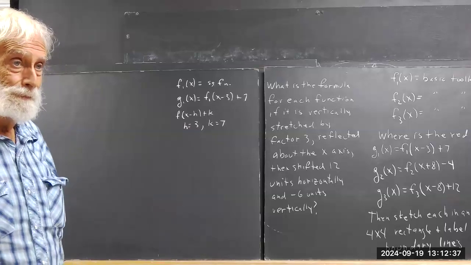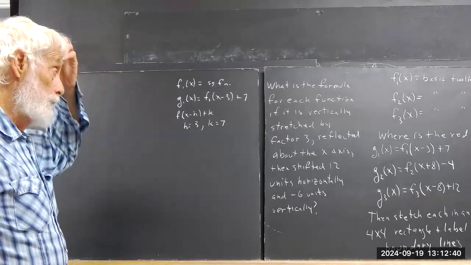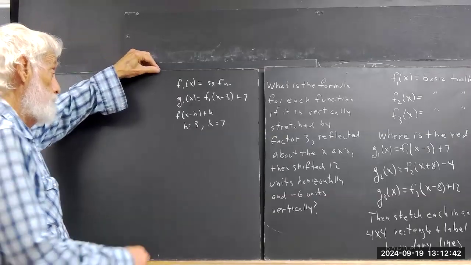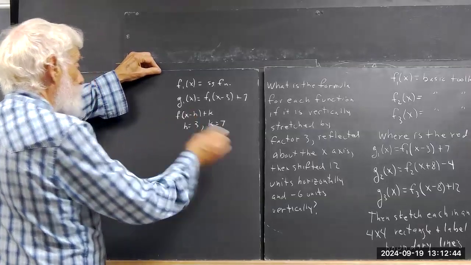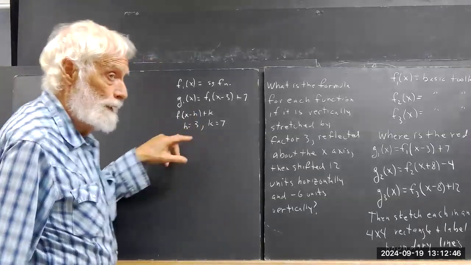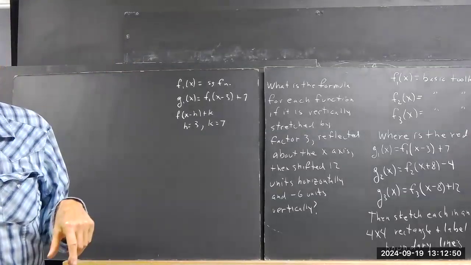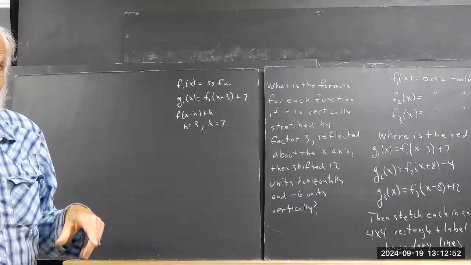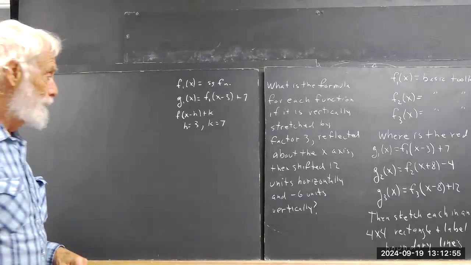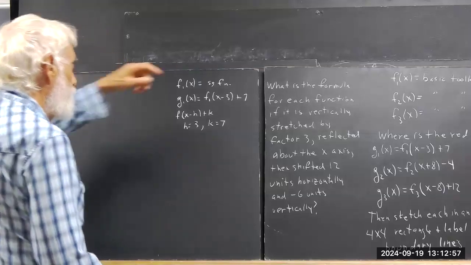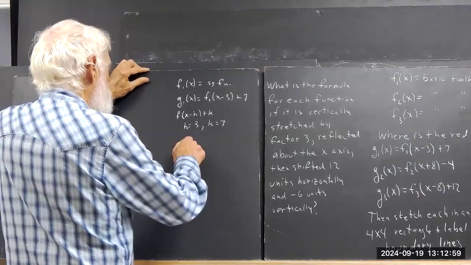But you know, most of what I saw looked pretty good, and I didn't really look to make sure the coordinates of the red dot were all right, because a lot of people didn't put the coordinates of the red dot there. Okay, H is 3, K is 7. It's a squaring function.